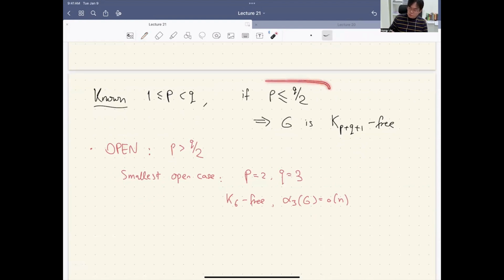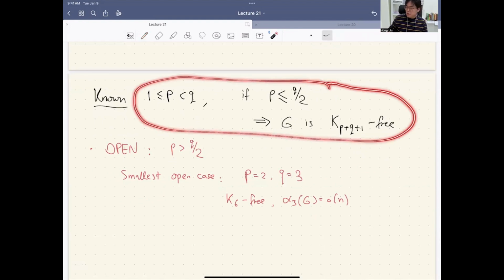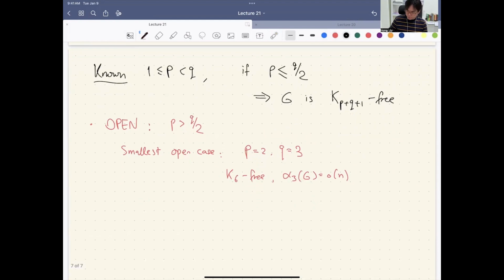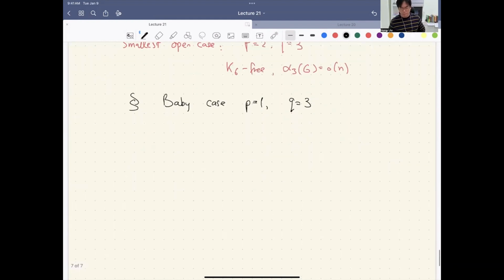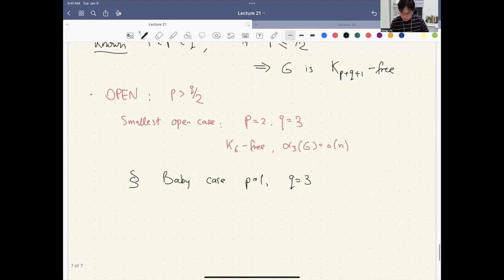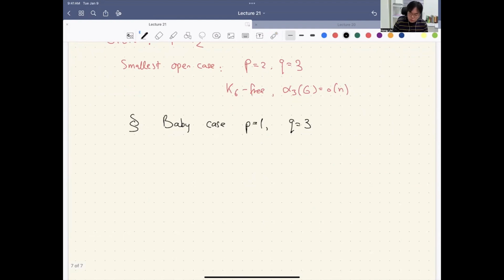Now let me give you a proof of this for the baby case, when P equals 1, Q equals 3. This we can do. We can prove that this is K5-free.